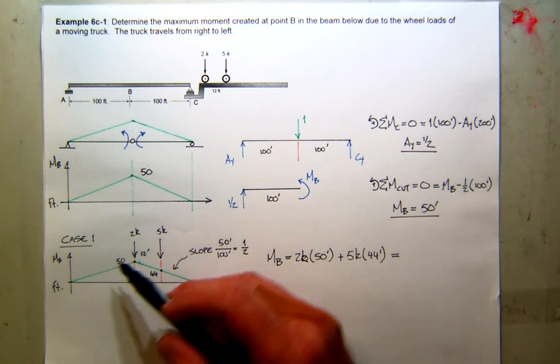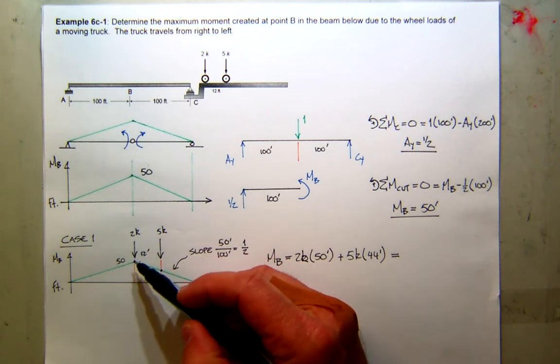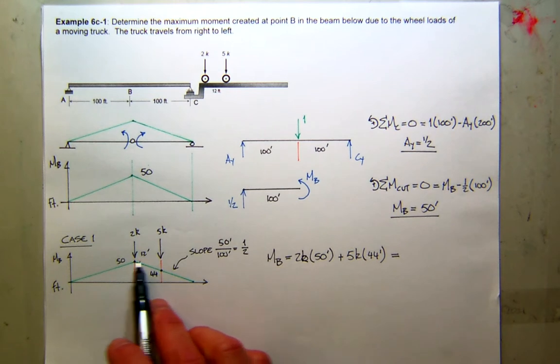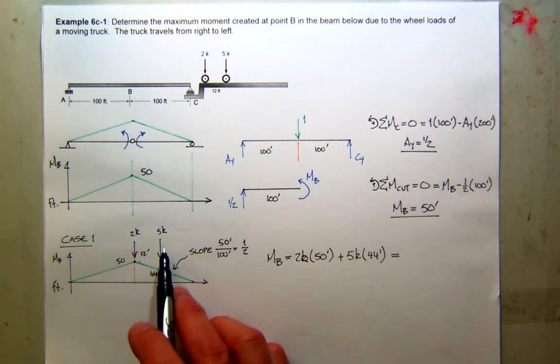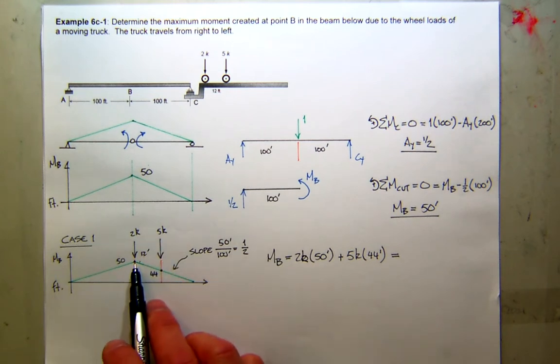So case 1 would be letting the first load make the maximum effect. Case 2 is we're going to let the vehicle move to the left, and the 5 kip will be sitting on top.